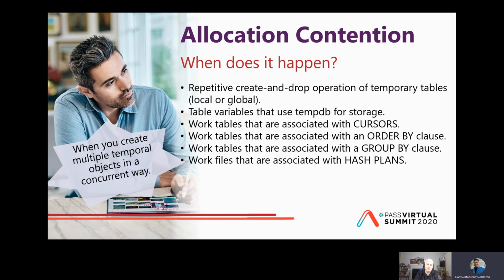That means we are using tempdb, and we are inserting a lot of records on that temporary table in a concurrent way. And then we drop it. So the main cause of this issue is that we are inserting a lot of records on that temporary table concurrently. So the problem is in tempdb. It's not tempdb itself, it's in tempdb. So let's see why it happens.